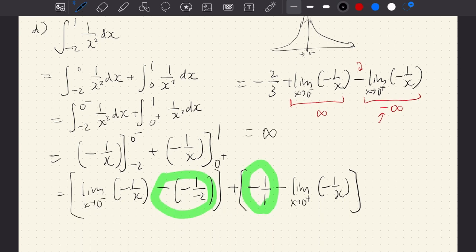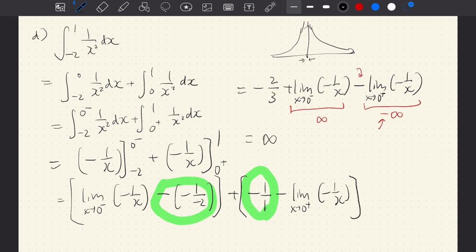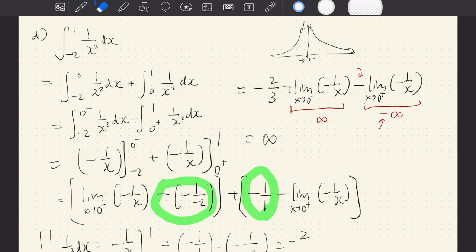Notice that if you ignored the infinite discontinuity and just wrote this equal to negative 1 over x from negative 2 to 1, then you would end up with negative 1 over 1 minus negative 1 over negative 2. So this would be negative, so here I have a mistake, this is negative 3 over 2.